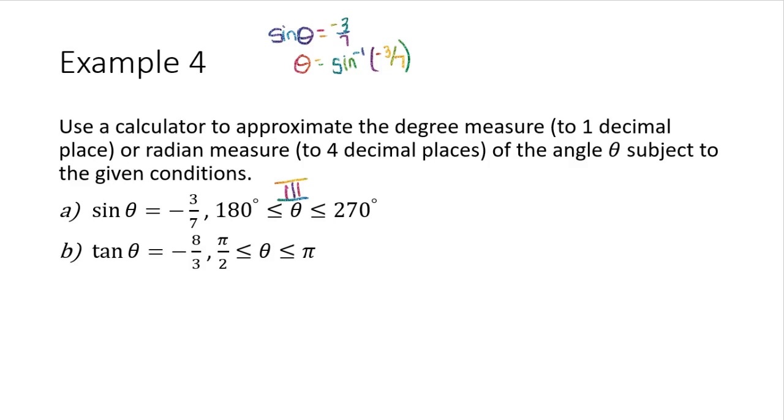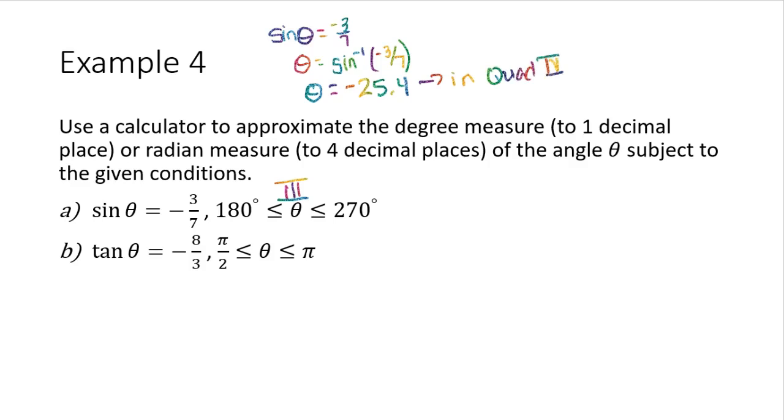We'll put in second sine -3 divided by 7. And this is going to give me -25.4.